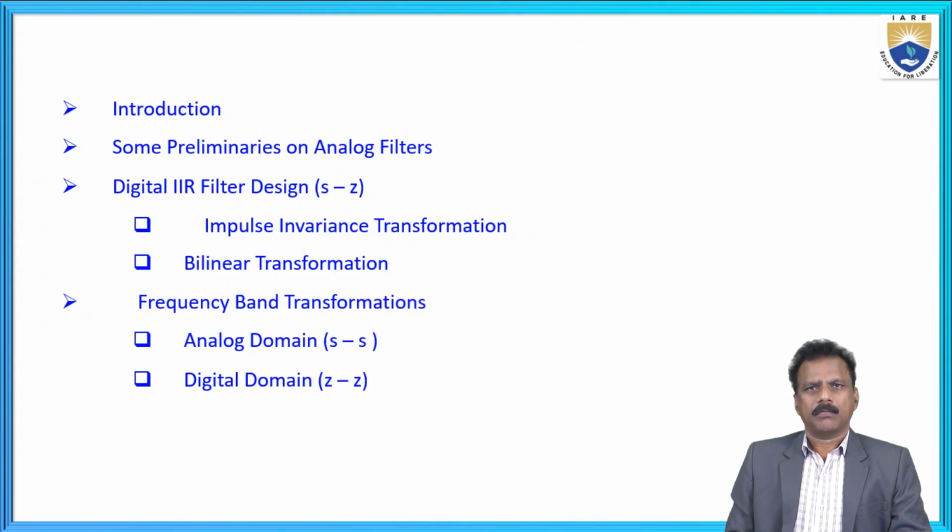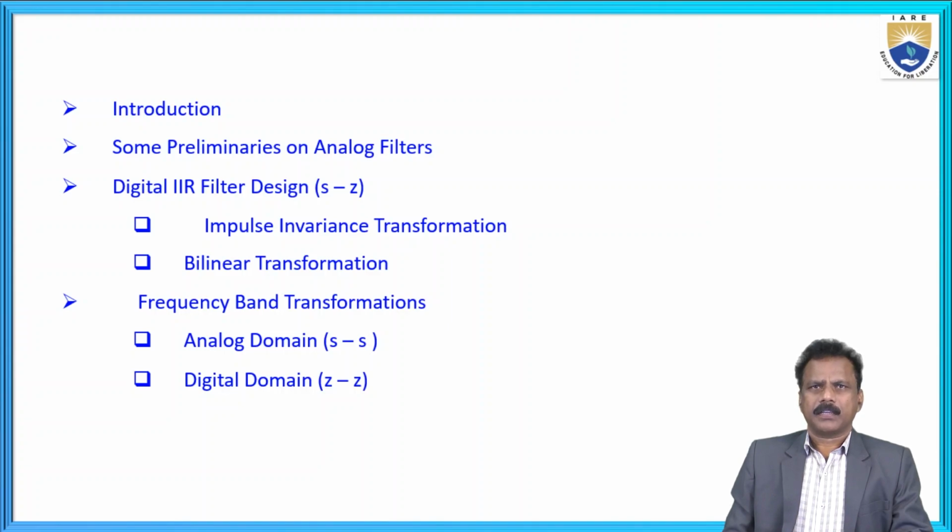Because there is a possibility of designing these IIR filters, first of all we need the introduction, and after that some preliminaries on analog filters. Once we have all the stuff related to analog filters, we go for digital IIR filter design.